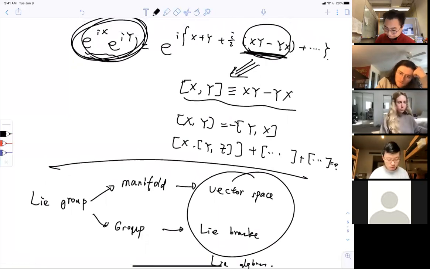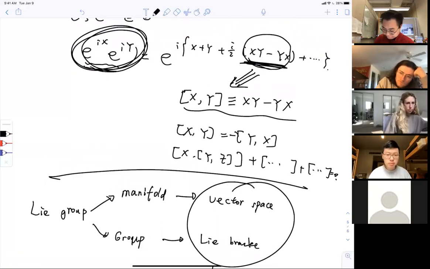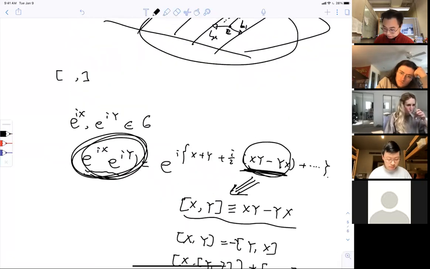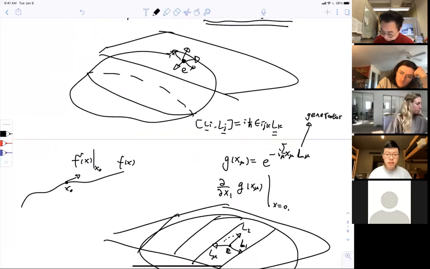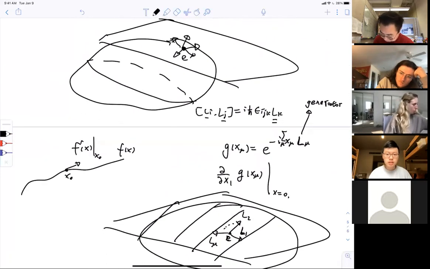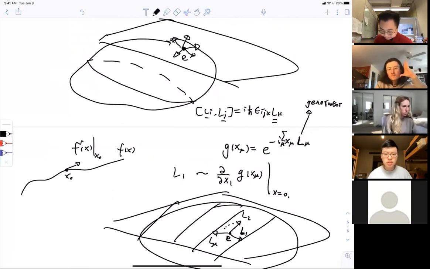Could you explain again how you write the equation about the generators, like the g of x? This g is like a function from big G to big G, right? You mean this guy?